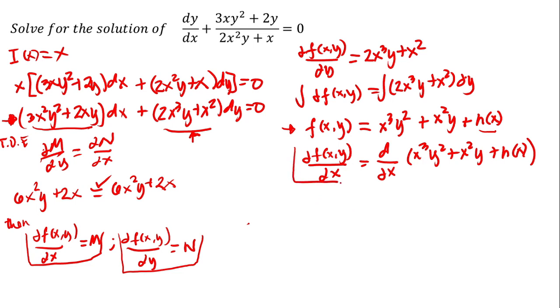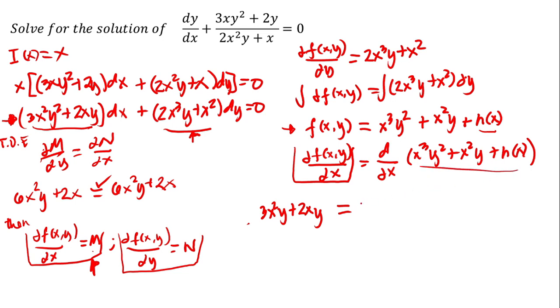This partial derivative of f(x,y) with respect to x is just equal to m. So we can equate this one with 3x squared y squared plus 2xy. Then we partially differentiate this one with respect to x.